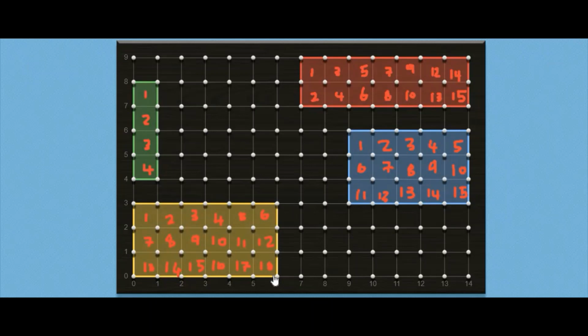Now, if we look at the dimensions, how could they help us to determine the area? Now, 3 times 6 would give us 18. So here, if you multiply the dimensions, it would give you the area. So another way to calculate the area of these rectangles is to look at the dimensions, right?